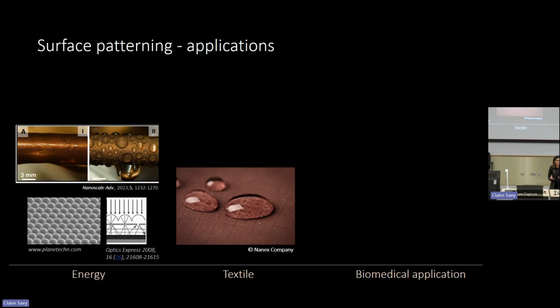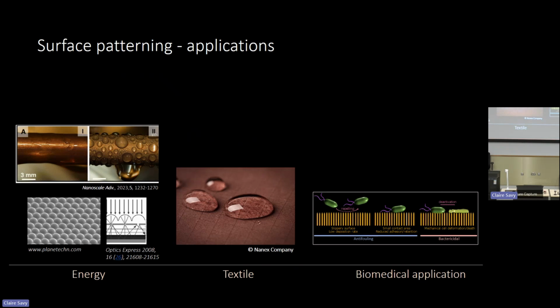In textile, this has been going on maybe for even longer. So we are interested in creating anti-wetting and super hydrophobic surfaces by adding texture to the textile. And in biomedical applications, this is probably a bit newer. We are after adding surface structures. Most of these applications involve surfaces which come in contact with fluids. And that's how we started working on these projects, because we were originally interested in how fluids interact with the surfaces.